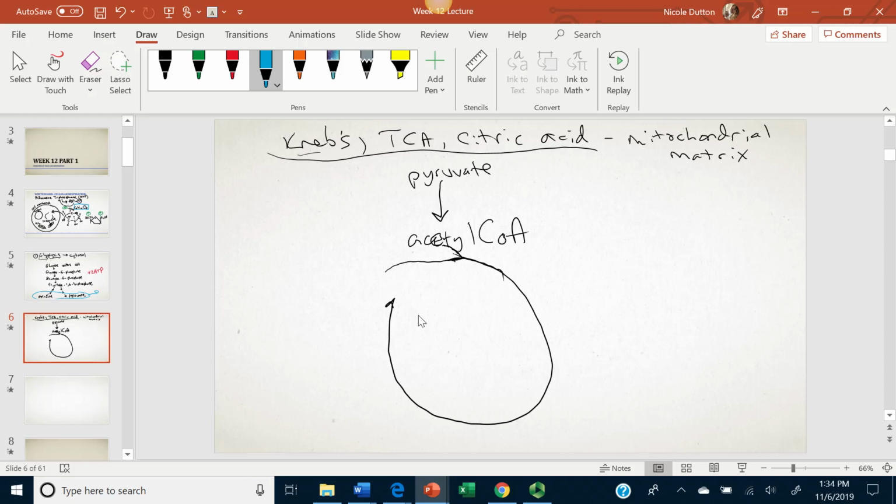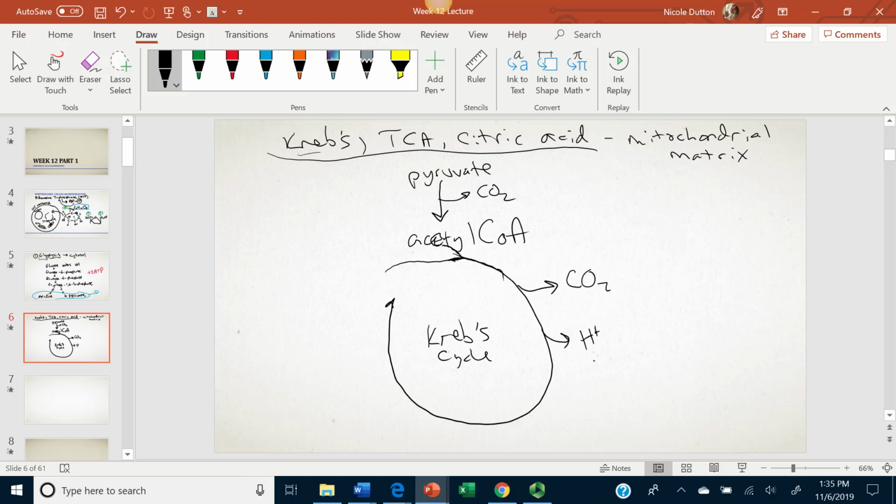In the Krebs cycle, carbon dioxide is lost as a waste product here and here. Hydrogen ions and electrons are given off, and we end up with a net gain of 2 ATP.